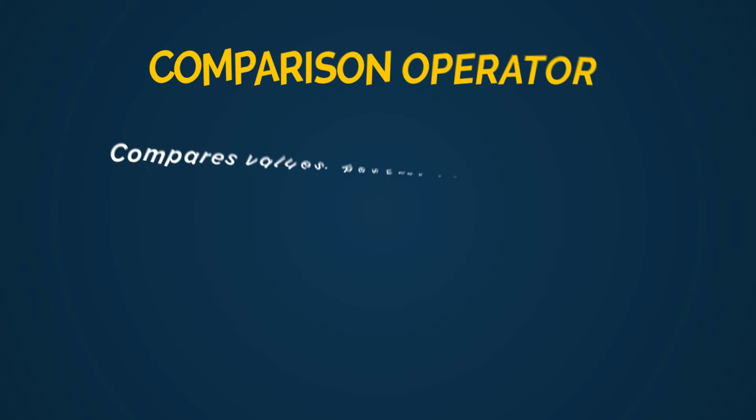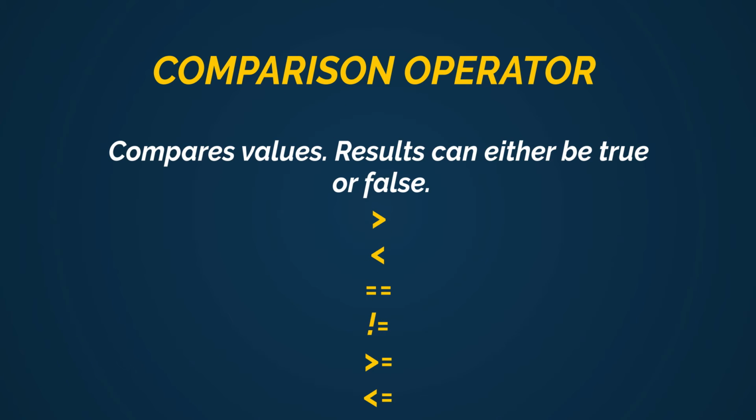Now the next thing we're going to look at is comparison operators. Comparison operators are used to compare two values together and give us a result of either true or false. Here we have some examples of comparison operators.